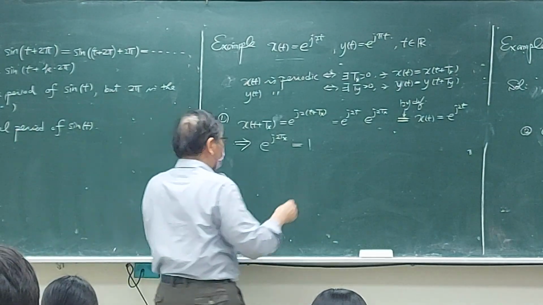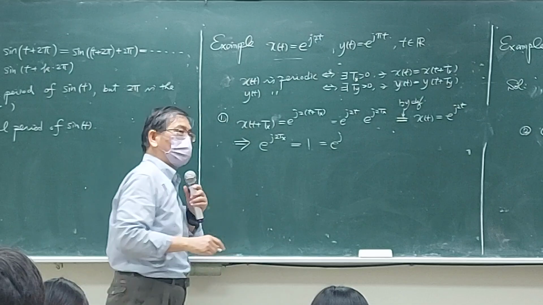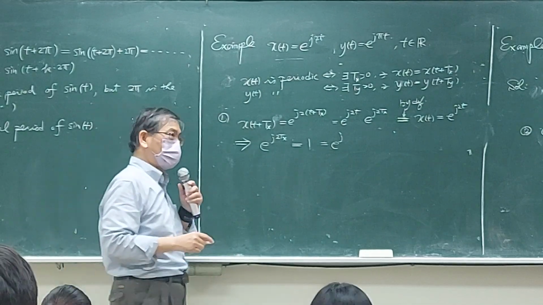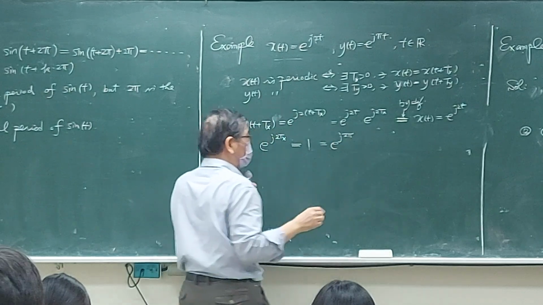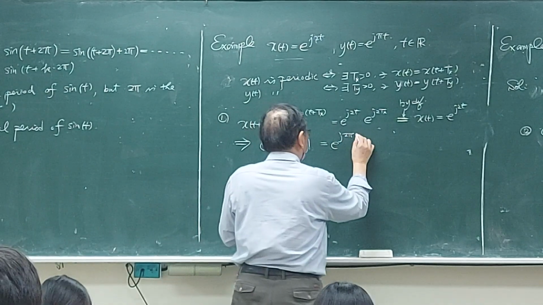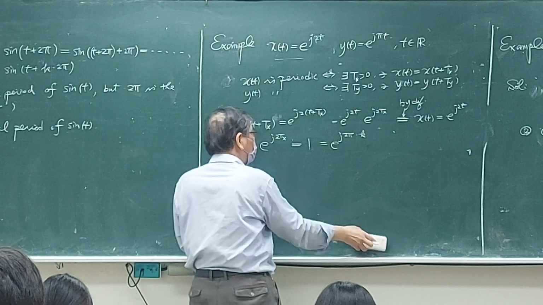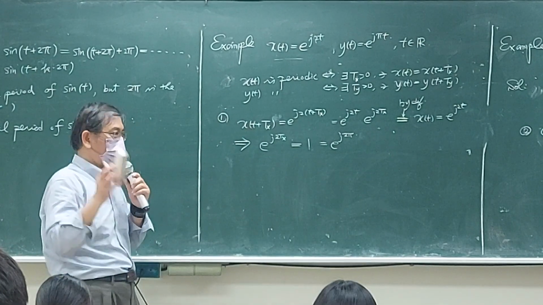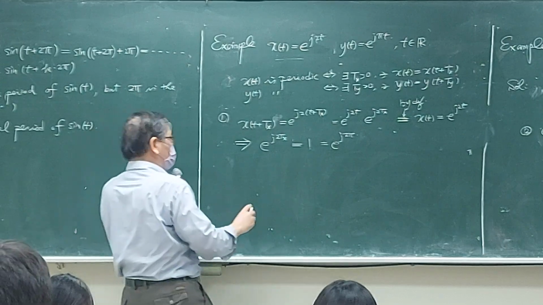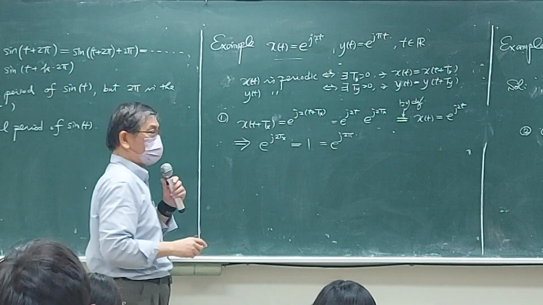Okay. So express this by e to the j. 1 can be written as e to the j times what? 2 pi k, where k is positive. Okay, let's use the smallest one. So let k be 1. Then what can you say?